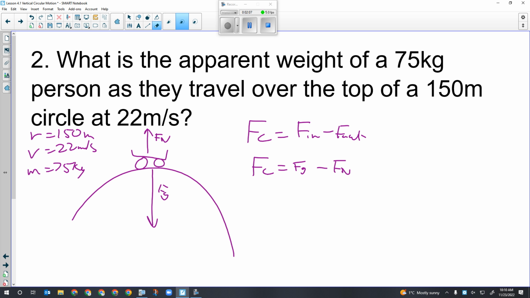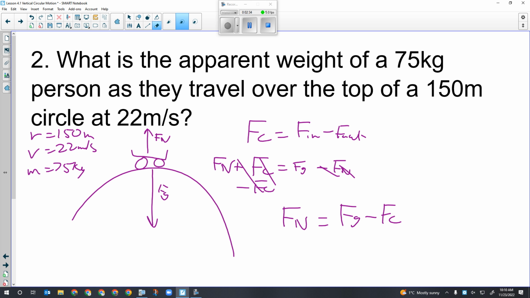I don't like to solve for things when they're negative, so I'm going to bring Fn over to this side by adding it, and then I'm going to subtract Fc. So I'll end up with this. The apparent weight equals the force of gravity minus the centripetal force, which means the normal force will be smaller than Fg. After all, I'm subtracting something from Fg in this formula.